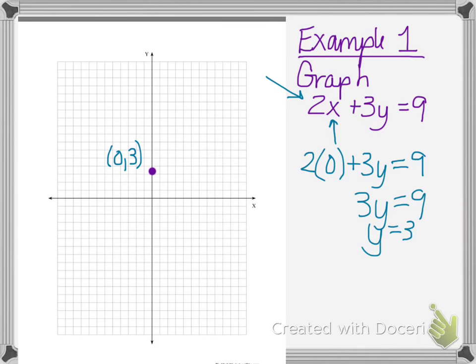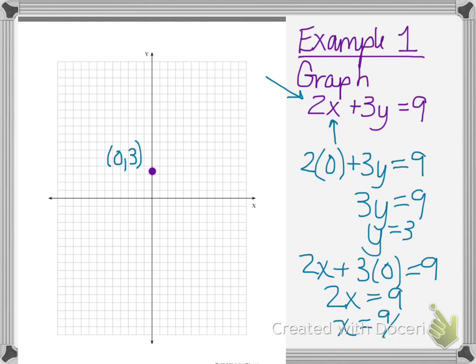And then to find the x-intercept, we're going to set y equal to 0. So that would be 2 times x plus 3 times 0 equals 9. So 2x equals 9, and x would equal 9 halves, or 4.5.